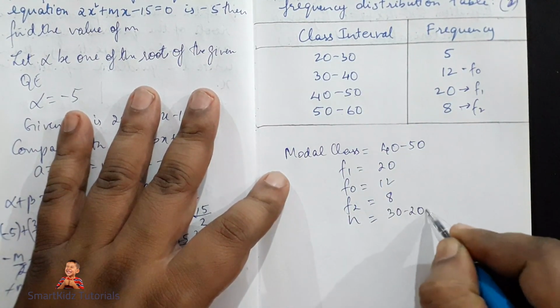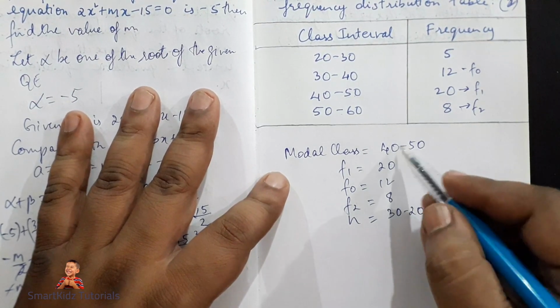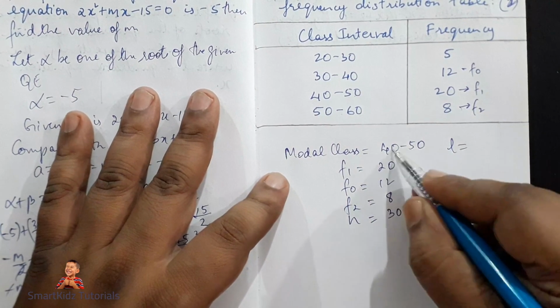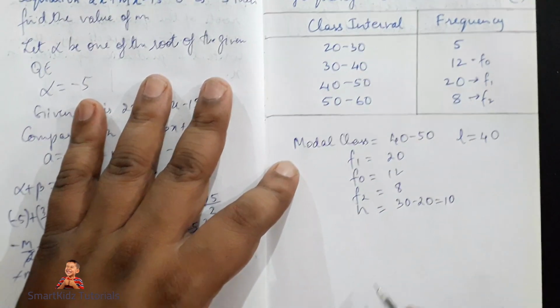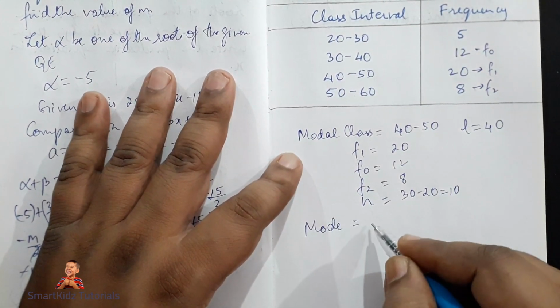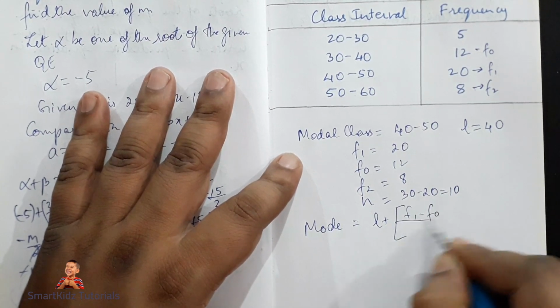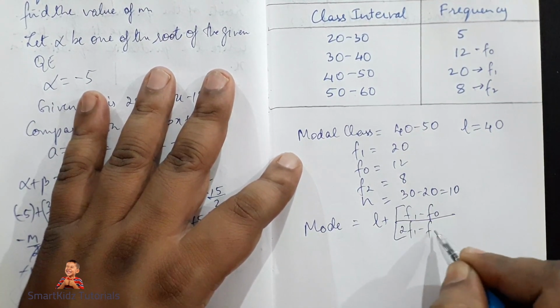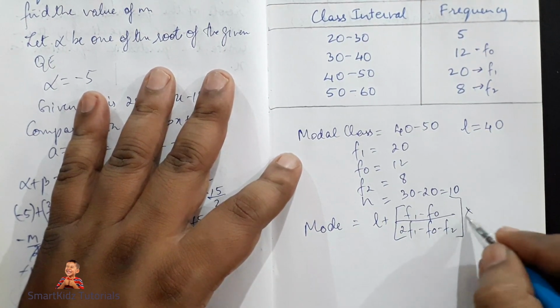So 30 minus 20 equal to 10. Now we've got everything, and our lower limit, that is L, is equal to 40, which is the lower limit of the modal class. Now we put all these values in the formula to find mode, which is equal to L plus F1 minus F0 whole thing upon 2 times F1 minus F0 minus F2 whole thing into h.